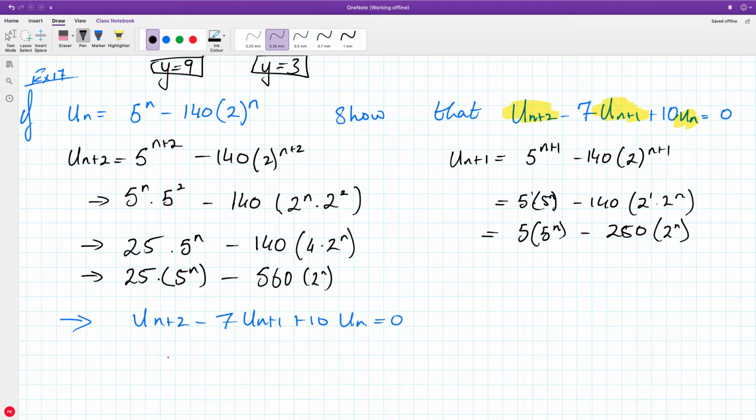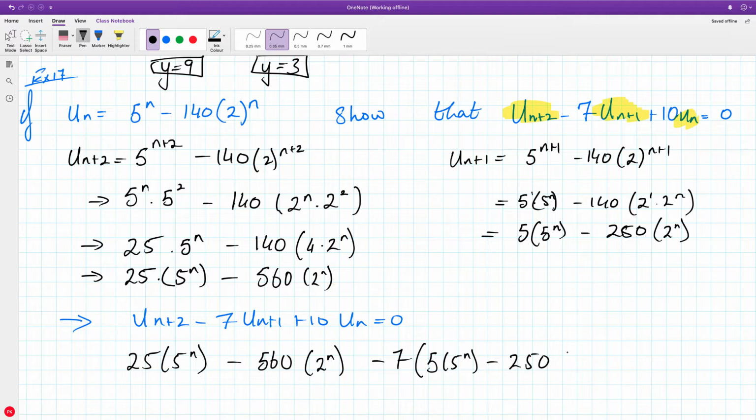So u to the power of n plus 2, we figured out is 25 times 5 to the power of n minus 560 times 2 to the power of n, minus 7 times un plus 1, which was 5 times 5 to the power of n, minus 280 times 2 to the power of n, plus 10 times 5 to the power of n minus 140 times 2 to the power of n.